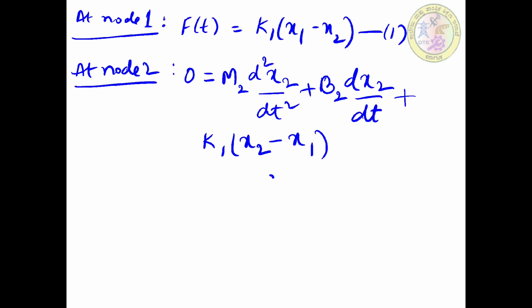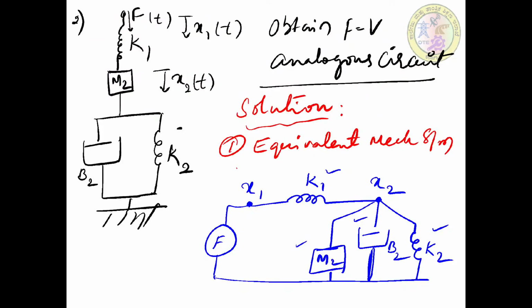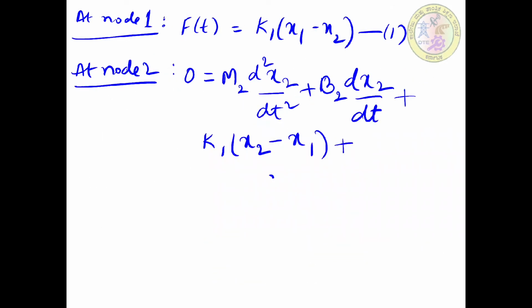When writing at node 1 it is x1 minus x2, and when writing at node 2 it is x2 minus x1. The last term is k2, which is attached only to x2. This is our second equation.